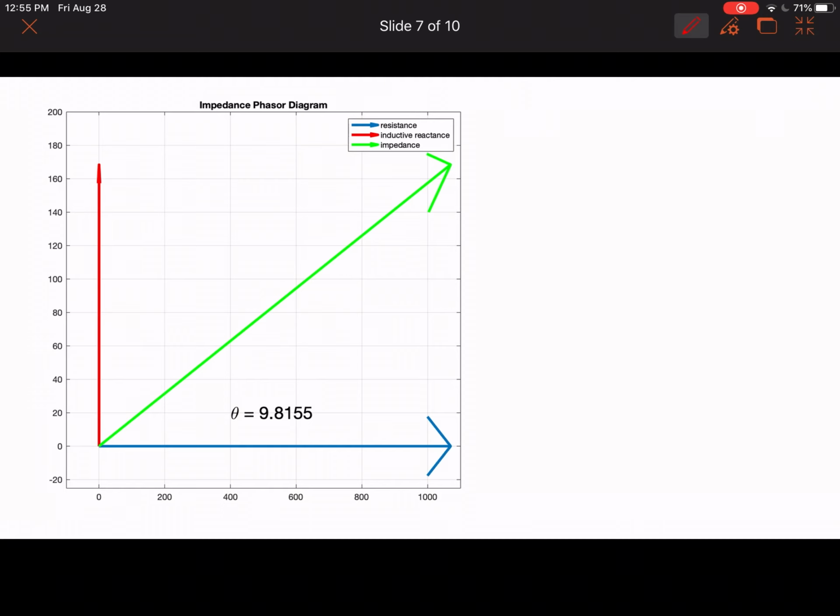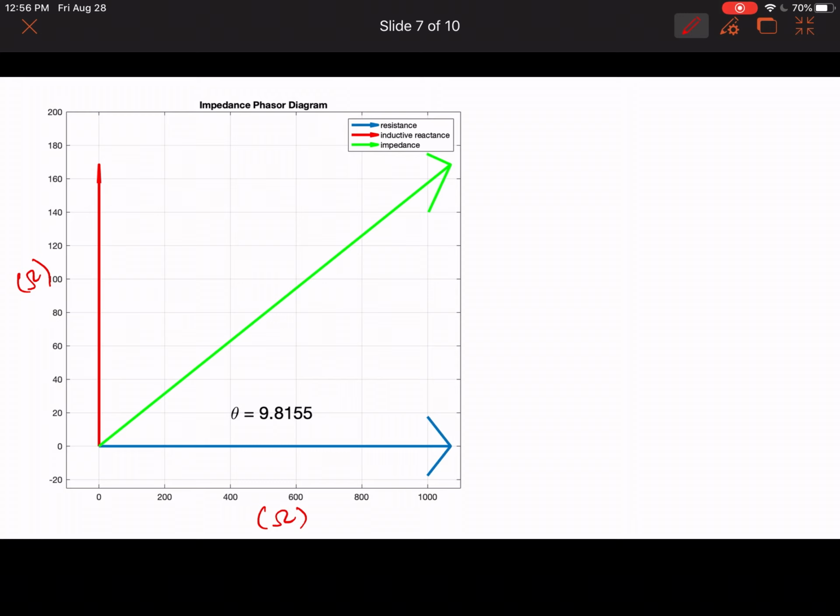If we do all of this in MATLAB, we can immediately solve for the phasor diagram of the circuit, the equivalent phasor diagram of the circuit. So again, this is the real component, and this is in ohms. The imaginary component is also in ohms. Okay, we see that Z has a total of 1080 kilo ohms, and here the imaginary value is about 1.87 ohms.